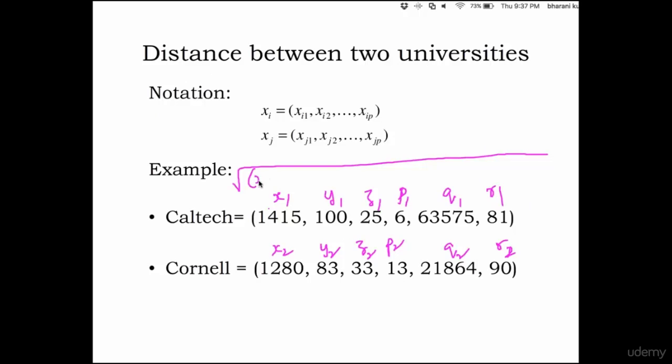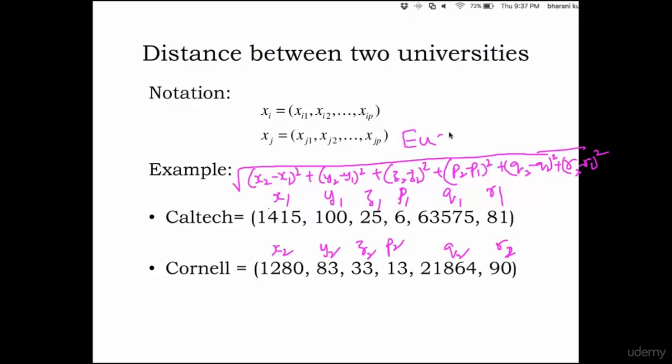It is x2 minus x1 whole square plus y2 minus y1 whole square plus z2 minus z1 whole square plus p2 minus p1 whole square plus q2 minus q1 whole square plus r2 minus r1 whole square. This is how you calculate the Euclidean distance.